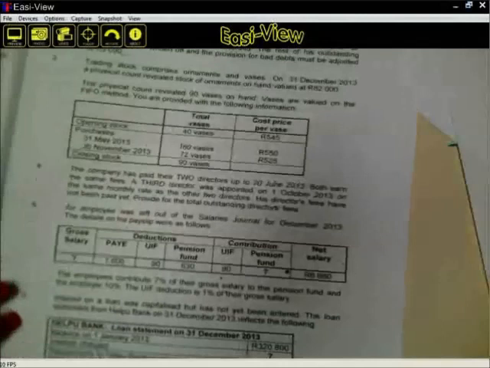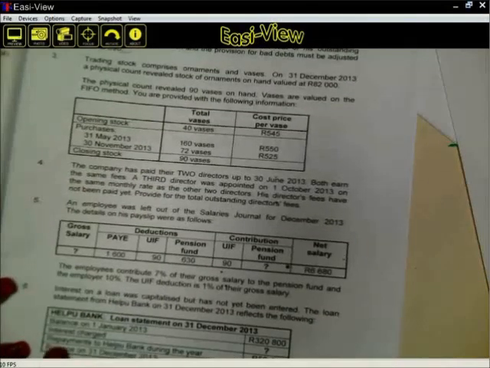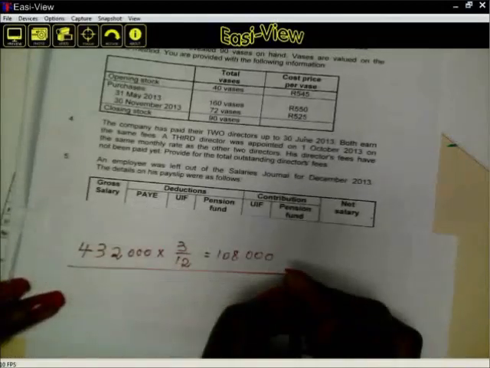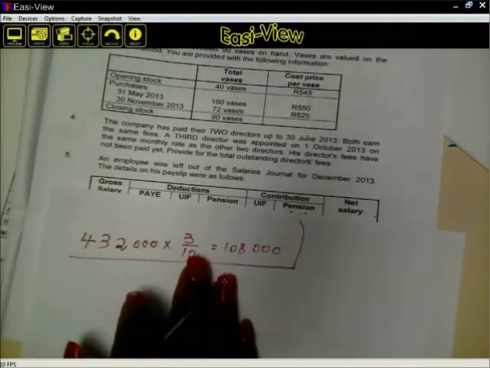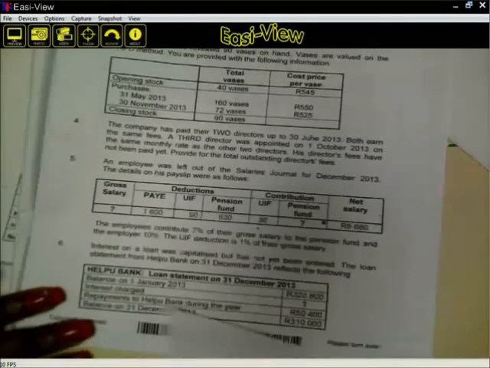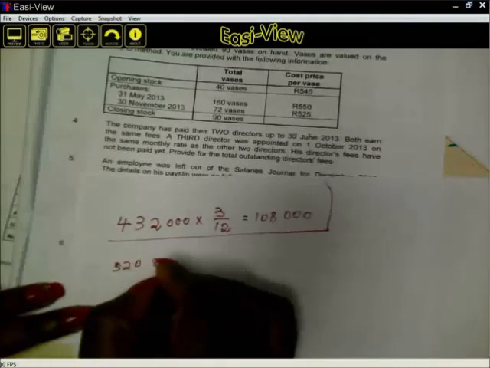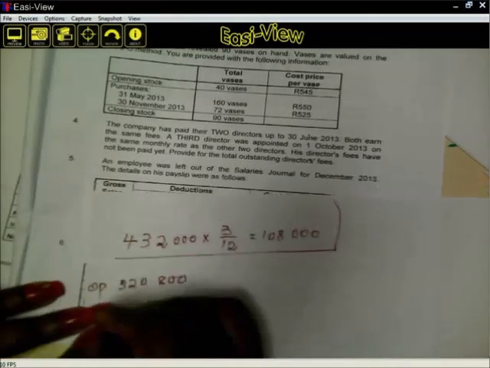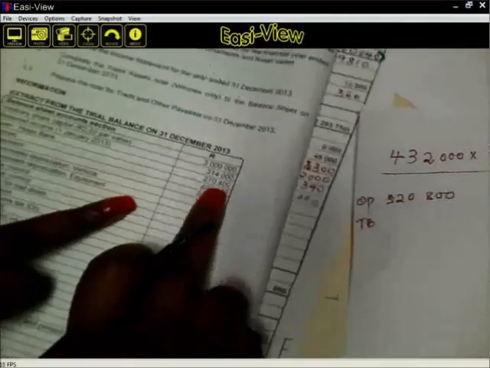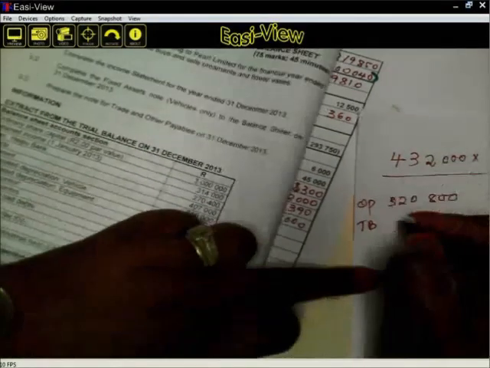How do we calculate it? Come into our calculation sheet. We said balance, it's how much? 320,800. This is the opening balance. And then from the trial balance, we are having 270,400.